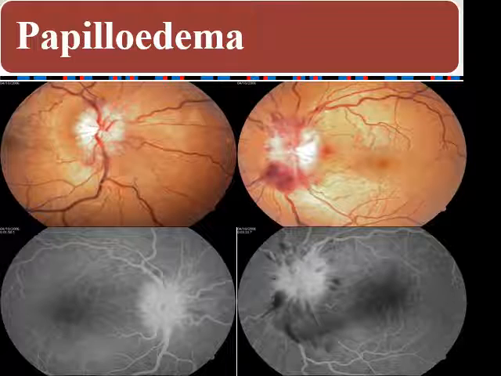Some patients may have circumferential retinal folds. Macular fan is seen in young patients. What is macular fan? It's radiating lines of exudate from the macula to the optic disc.